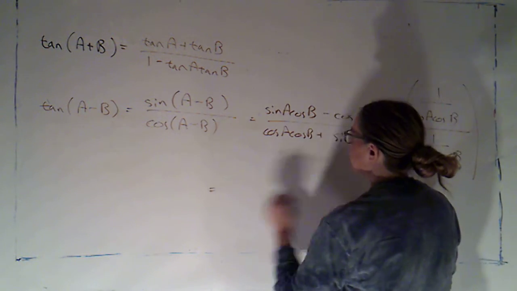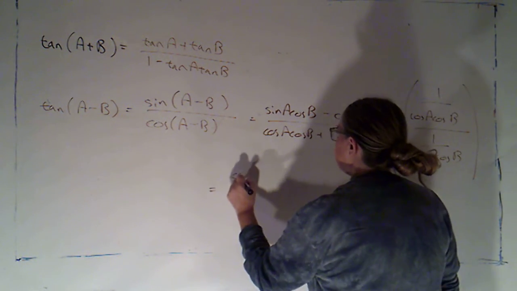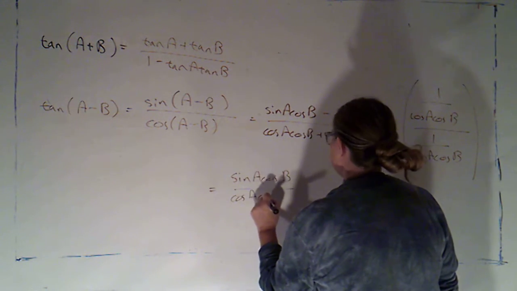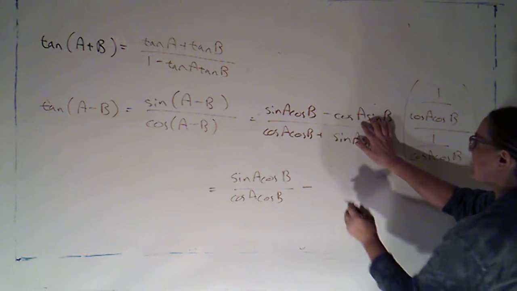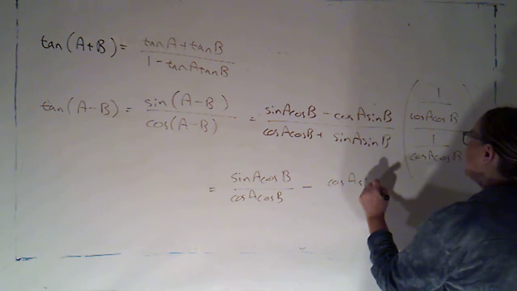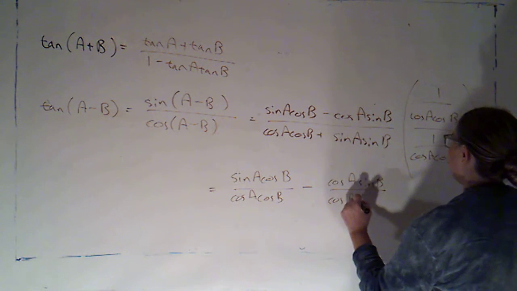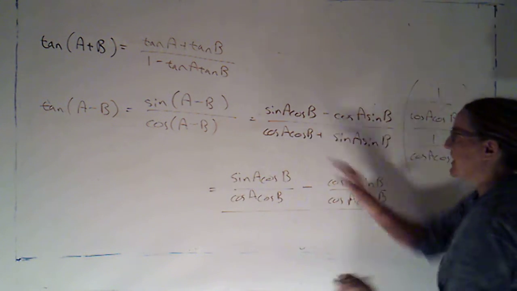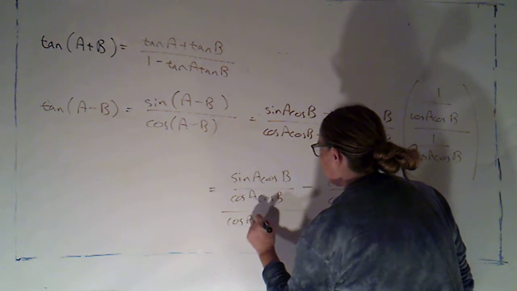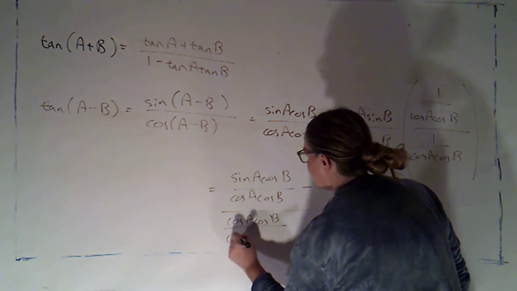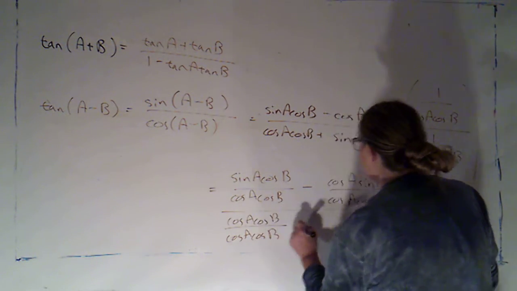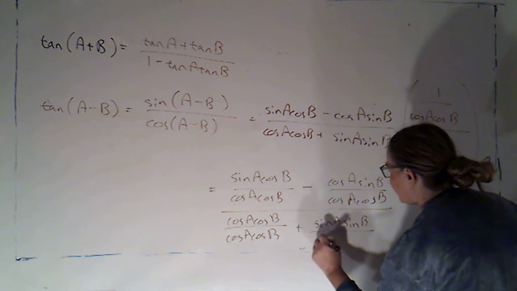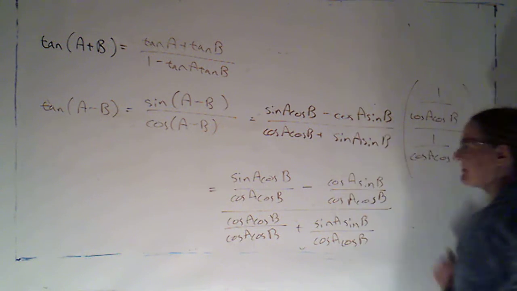So when I distribute this out, I'm going to get sine a cosine b over cosine a cosine b minus cosine a sine b over cosine a cosine b, over cosine a cosine b over cosine a cosine b plus sine a sine b over cosine a cosine b.